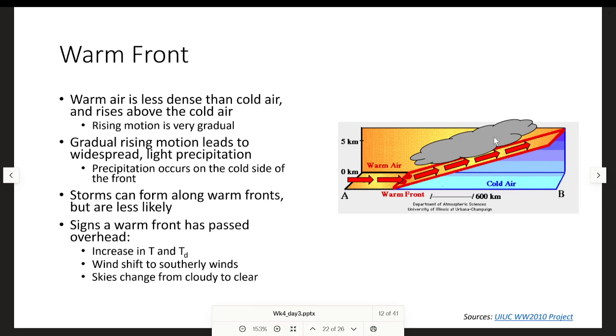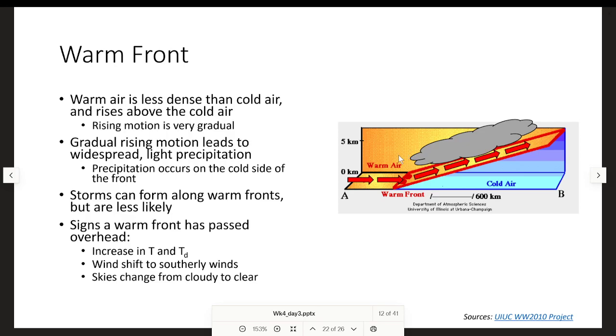It's warm everywhere, and it's just a rainy storm that is widespread, and it's not raining too hard. You're not going to get tornadoes or anything off of this. This is just a warm front stratiform cloud.